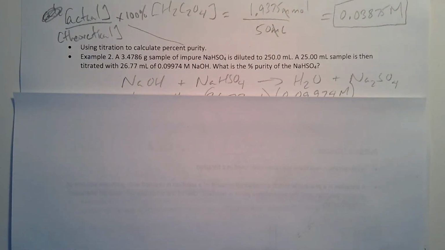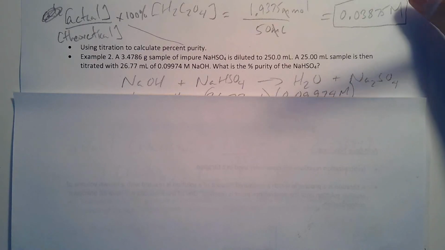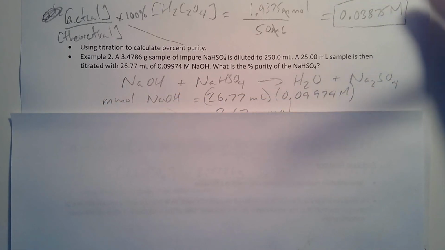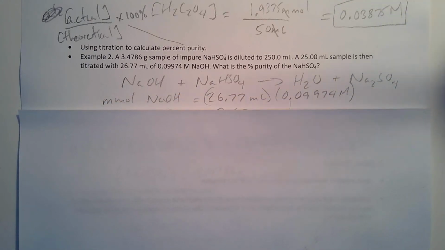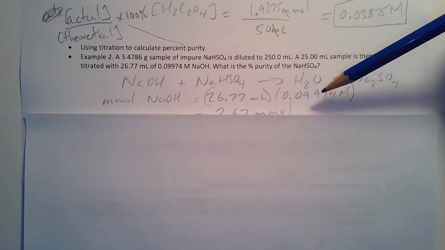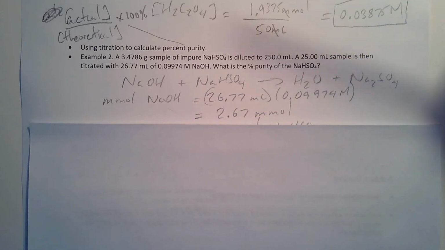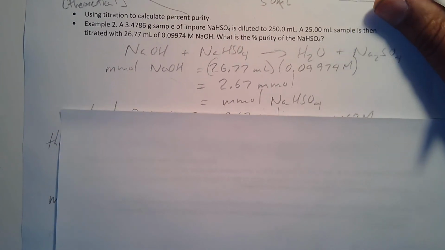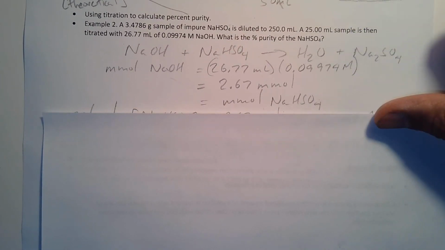So when you're looking at the reaction, what you're trying to figure out is the mole ratio. That's the most useful thing you're trying to figure out. So there's the millimoles of the NaOH. This is the standard, which would be in the burette. That's how many millimoles that is, and that's how many millimoles the NaHSO4 is.